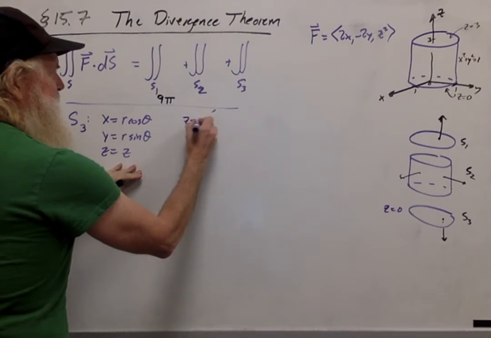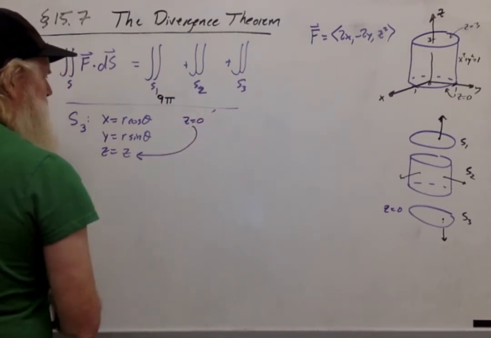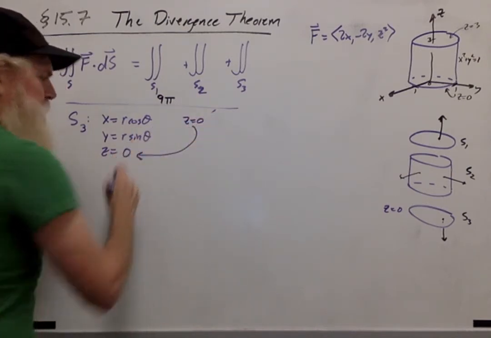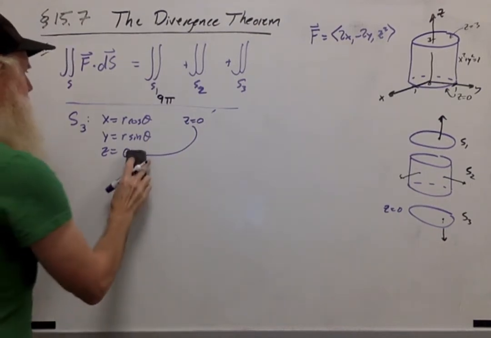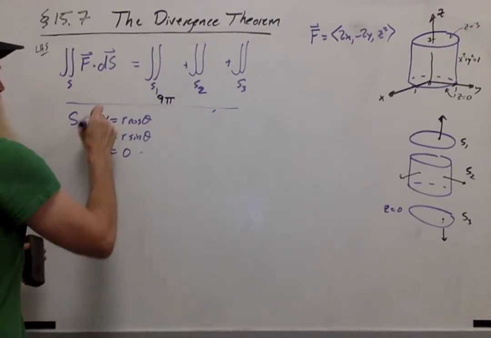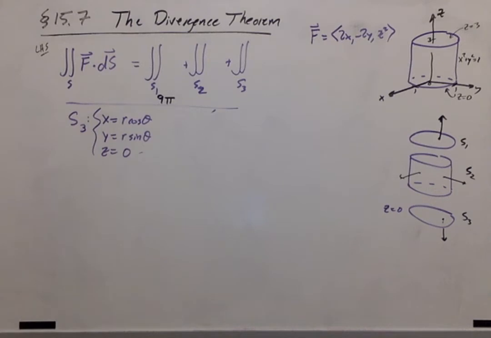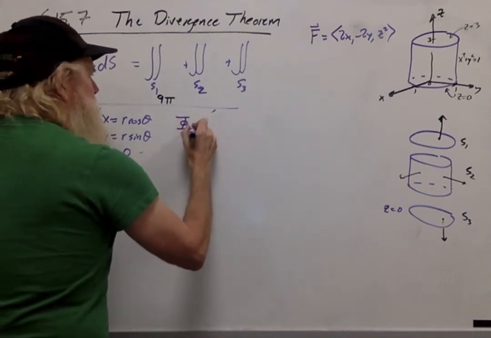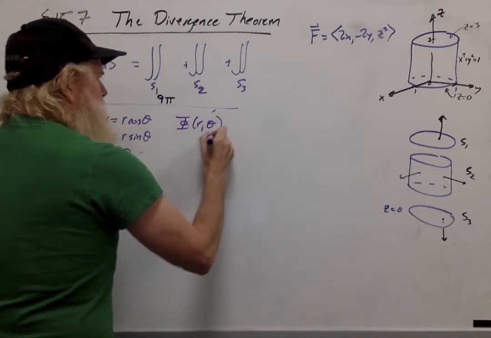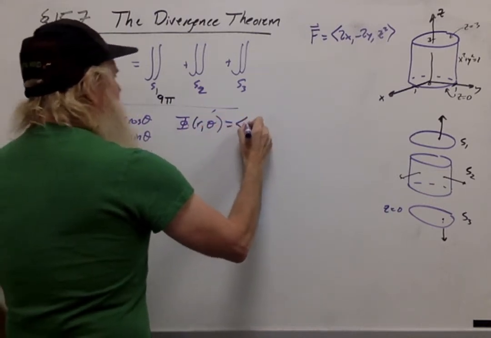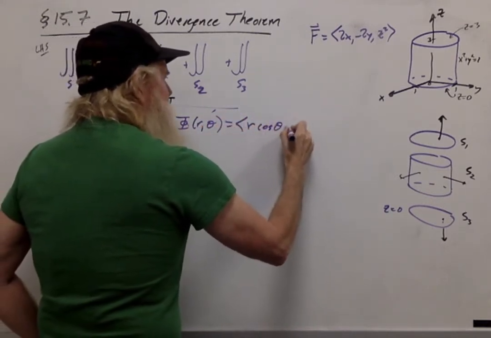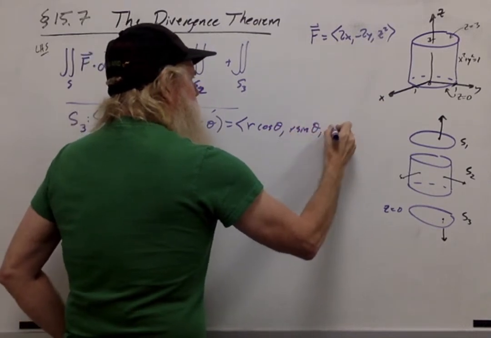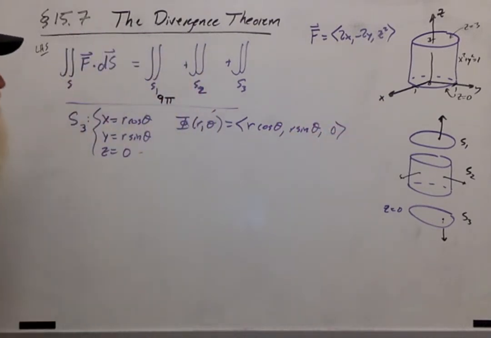So if I take that z equals 0 and substitute in, then I get my parameterization: x equals r cosine theta, y equals r sine theta, z equals 0. Or I can write phi of r and theta is r cosine theta, r sine theta, and 0.